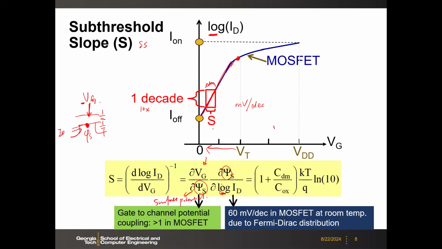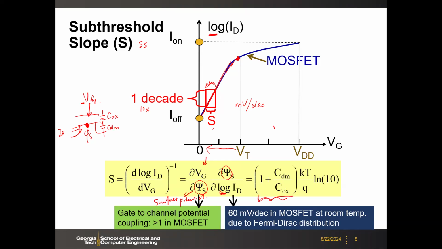Okay. And then the second term here is how this channel potential would impact the drain current. Okay, this is the second derivative. So if you decouple these two, then the first term is determined by this voltage divider effect, right? So you have this formula because here you have CDM, the depletion capacitance, and COX, your gate oxide capacitance. So it's a voltage divider effect. So you can simply get this one, which is phi s divided by Vg, or the other way around.